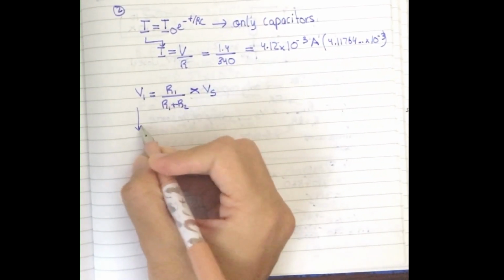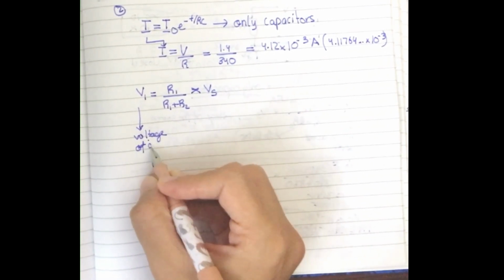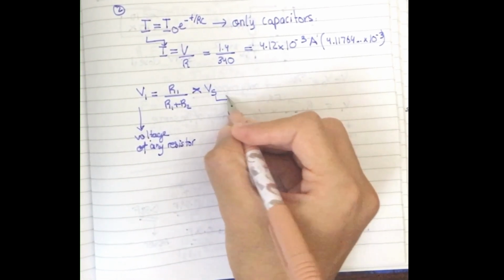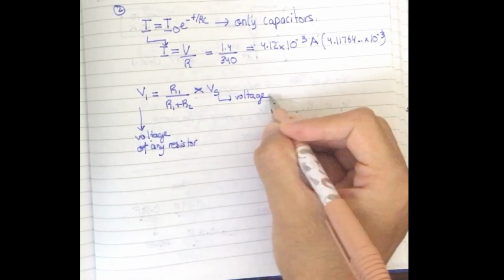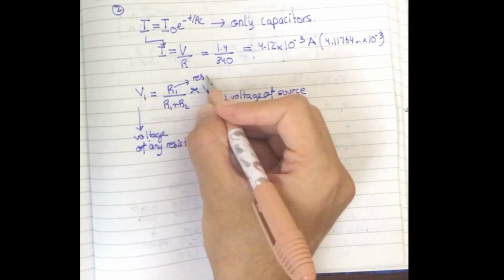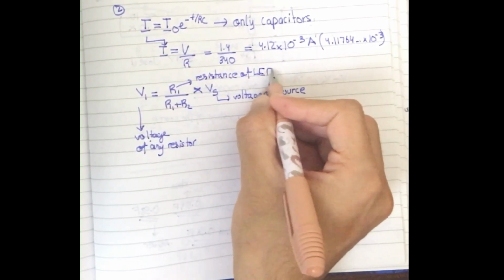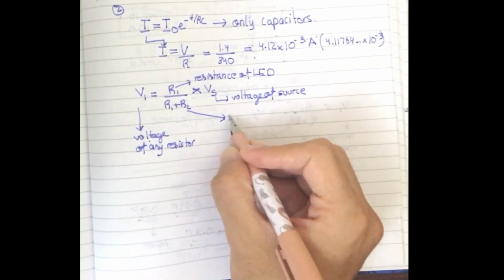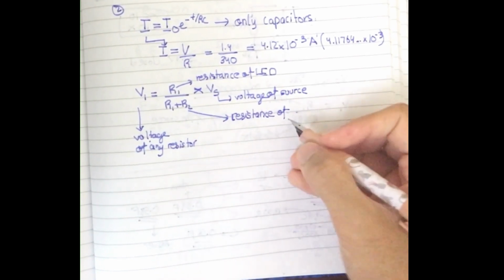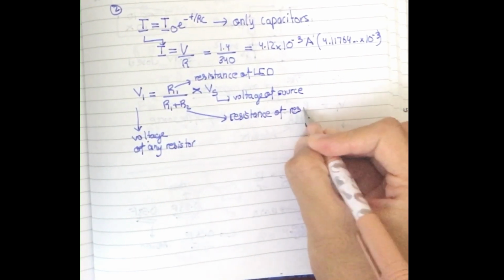So this one is the voltage of any resistor, this is the voltage of the source, this is the resistance of the LED, and this one is the resistance of the resistor, the R, right?